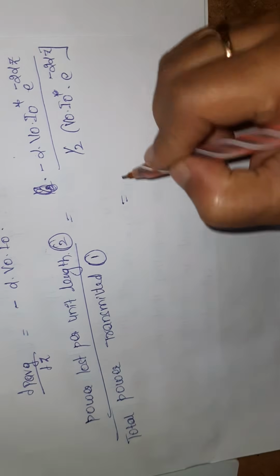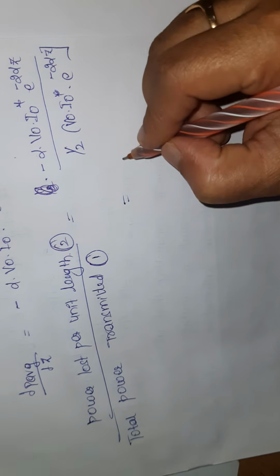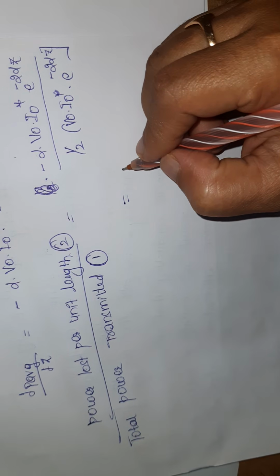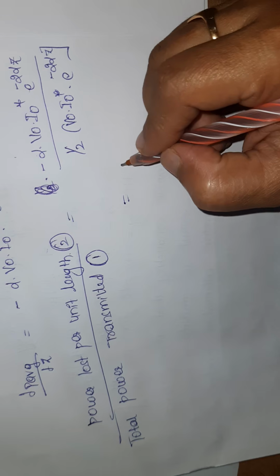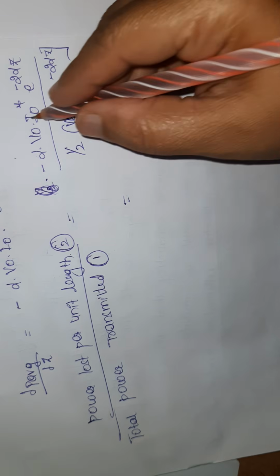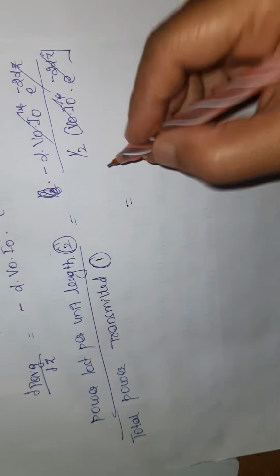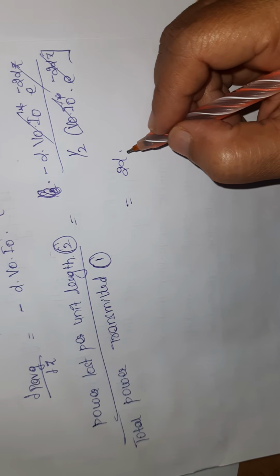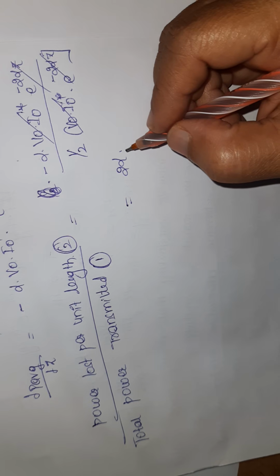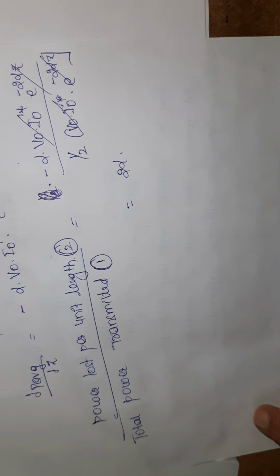So I naught star and e power minus 2 alpha z cancel.